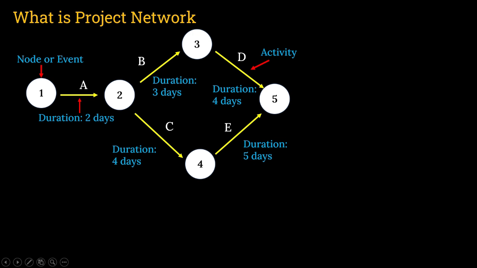The duration in this case is 3 days. To complete the activity D, you have only 4 days. To complete the activity C, you have 4 days. And similarly, to complete the activity E, you require 5 days only. So this duration will be mentioned like this.